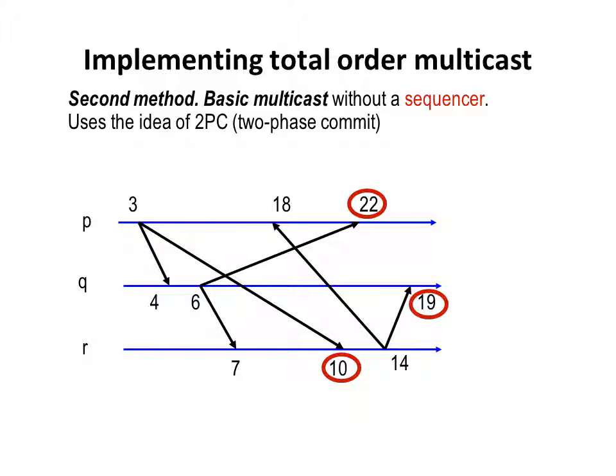So you could be given a figure like the one on the slide right now, and you can be given timestamps, and you should be able to tell what is the commit timestamp that is received by each of the processes, and what is the order of the processes in each of the processes' queues. Right, so what order are they placed into the queues, awaiting in the queues, right? So you can expect those kind of problem-solving questions when it comes to the two-phase commit problem.